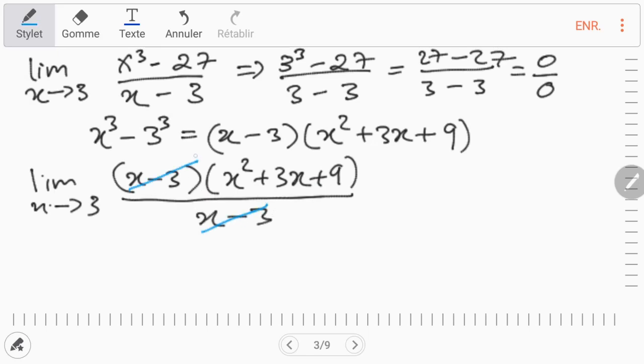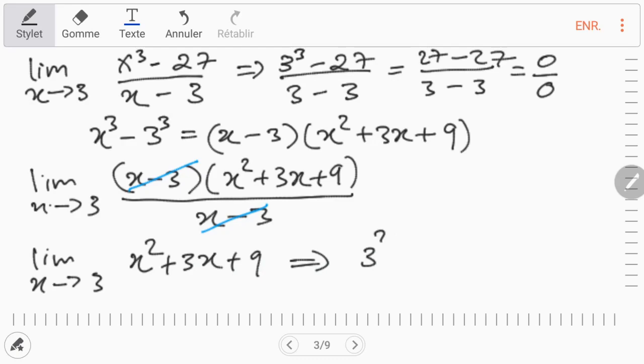This cancels this. We are left with the limit as x approaches 3 of x squared plus 3x plus 9. Substituting, we obtain 3 squared plus 3 times 3 plus 9, which equals 27.